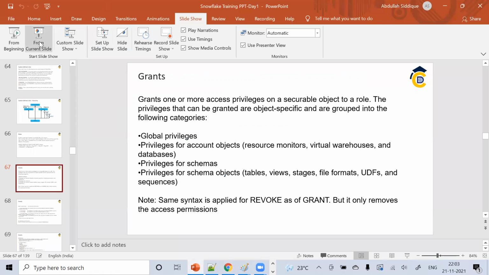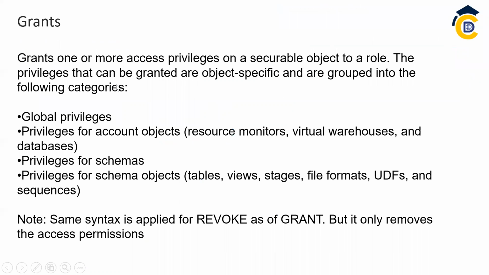Okay, so let's see what grants are. We already know it, but I'll just read it to refresh our memory. Grants one or more access privileges on a securable object to a role. Okay, so please focus on what I'm saying.